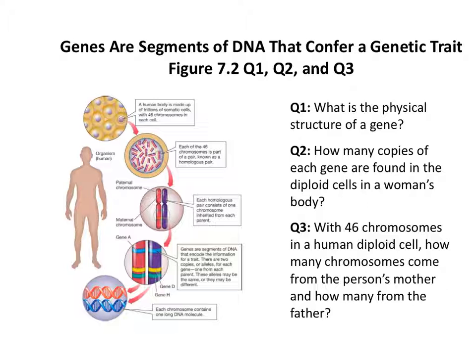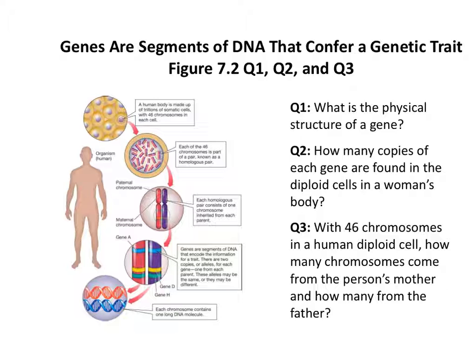So with 46 chromosomes in a human diploid cell, how many chromosomes come from the person's mother, and how many chromosomes from the father? Well, each parent has 46 chromosomes.